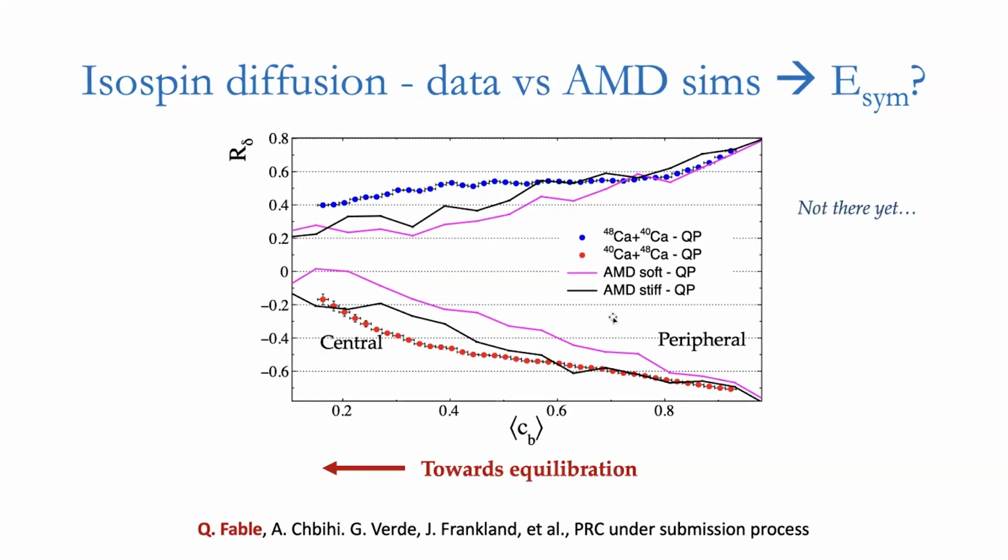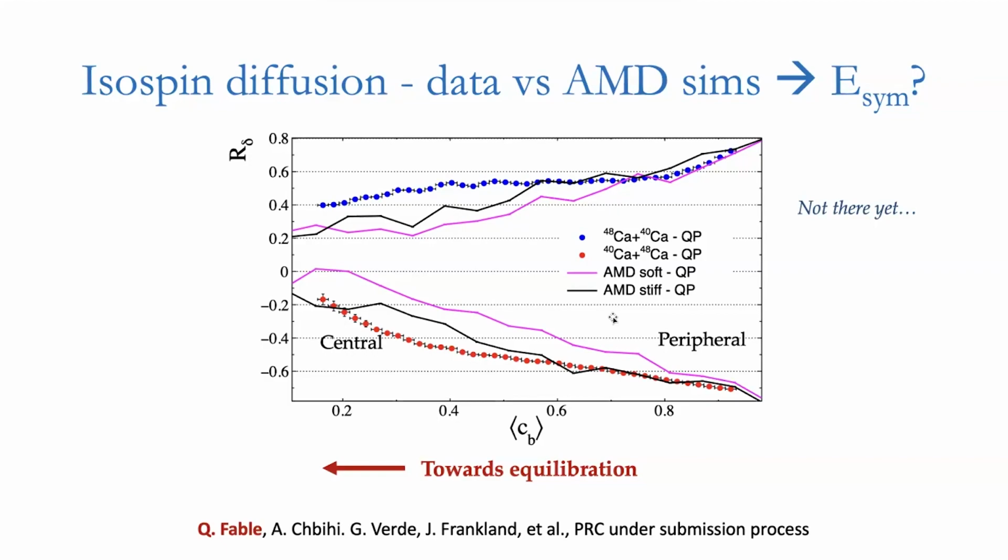The interaction time is longer because the nuclei stop a little bit. They have more time to exchange neutrons and protons, and these values go towards a sort of equilibrium condition that would be 0 at the end. They don't go to 0 because the reaction does not last enough to go to 0. So this observation shows that actually we are measuring this isospin diffusion.